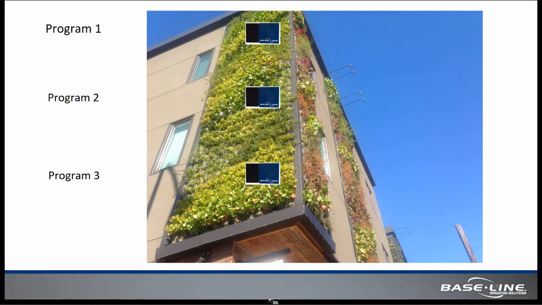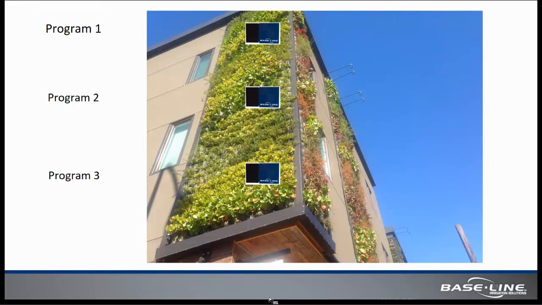So in this particular application, the installer wisely zoned the panels into 3 different irrigation zones, top, middle, and bottom, knowing that gravitational drainage is going to occur and the bottom of the wall is not going to need as much water or as frequently as the top of the wall.